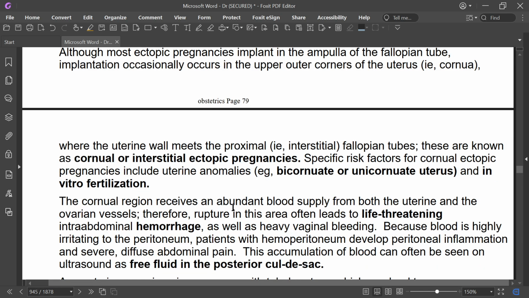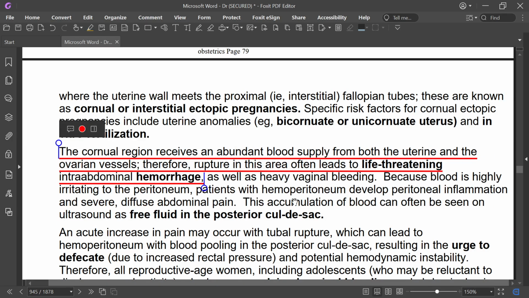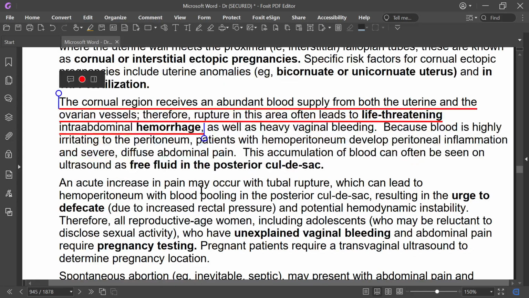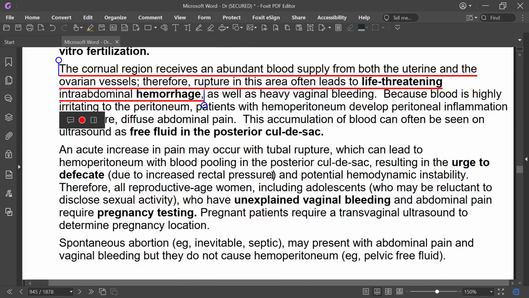The cornual region receives an abundant blood flow from the uterine and ovarian vessels, and therefore rupture in this area leads to intraabdominal hemorrhage. The accumulation of blood can often be seen on ultrasound as free fluid in the posterior cul-de-sac.